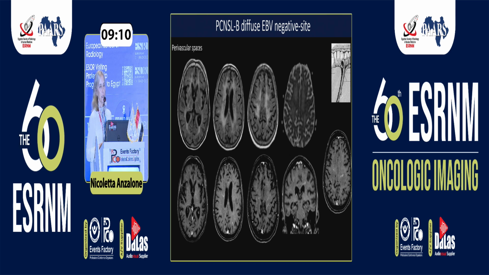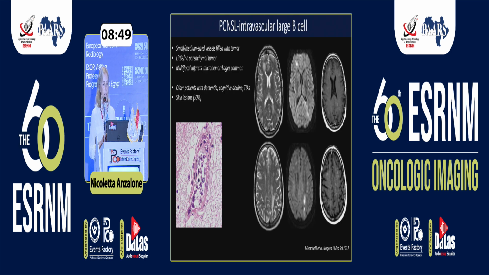We can't see anything really in the ADC, but if we inject contrast and we go for delayed imaging, you may appreciate this punctate tiny enhancement that then was biopsied and appeared to be a diffuse B cell lymphoma, EBV negative, spreading into the perivascular spaces.